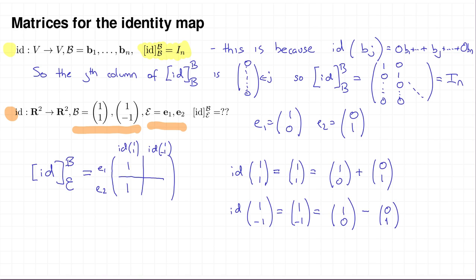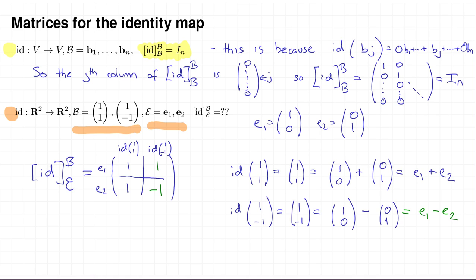So let's just record these. This one was 1 times E1 plus 1 times E2. And the second one is 1 times E1 plus minus 1 times E2. So the second column will go 1, -1.